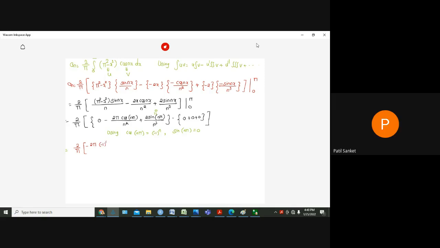Sorry, minus. Pi will cancel. You can keep the answer as it is, or you can write in this way. You can consider the minus sign inside.